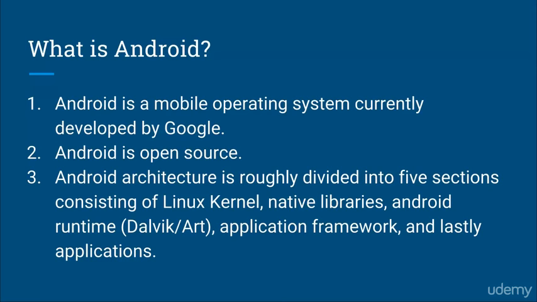Great. So Android architecture is roughly divided into 5 sections consisting of Linux kernel, native libraries, Android runtime, application frameworks, and then lastly, applications. So now let's break down each one of those layers in our Android architecture.